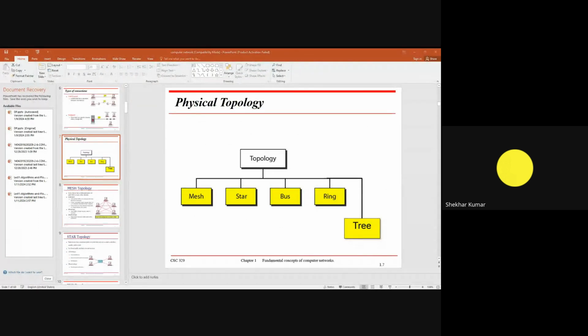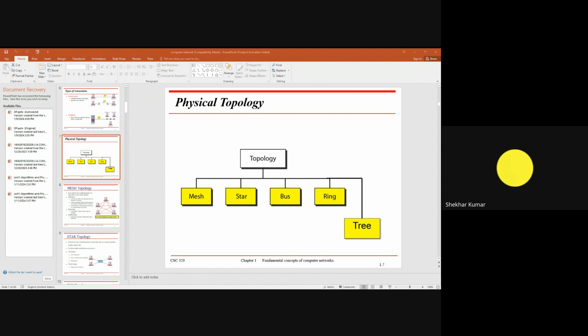Topology describes how the computer systems are connected, how these computers in a network are connected to each other. That is your computer network topology. It is simply the arrangement in which computer systems or network devices are connected to each other.